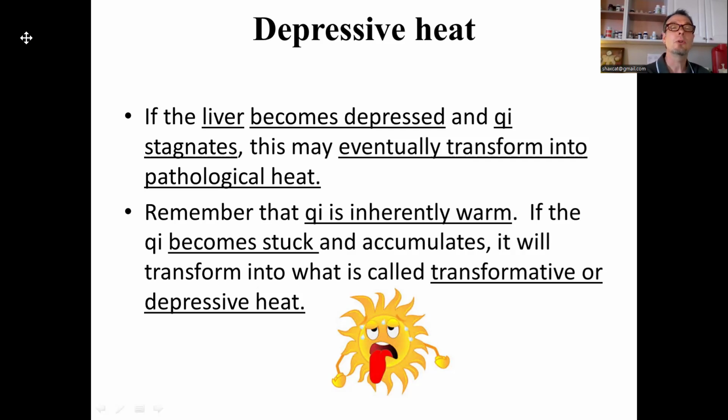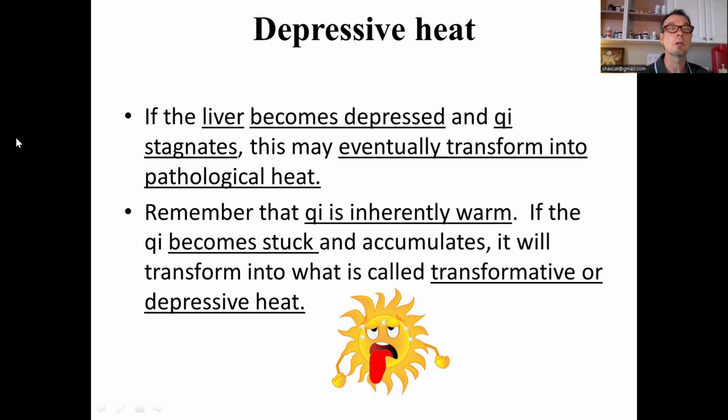So the next pattern we're going to talk about is depressive heat. Depressive heat basically comes from the liver. If the liver becomes depressed, the chi stagnates. If it becomes frustrated, that doesn't mean the person can only be depressed.